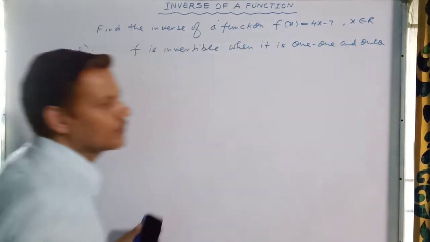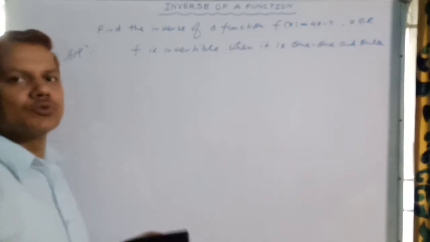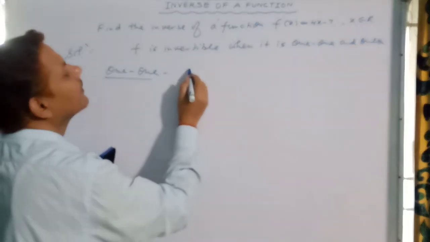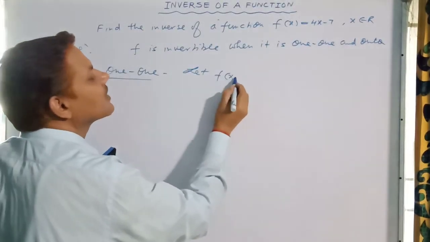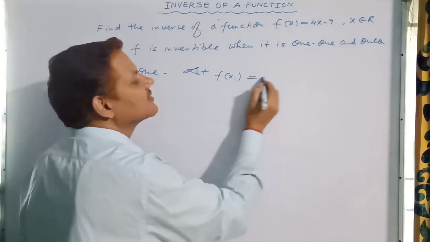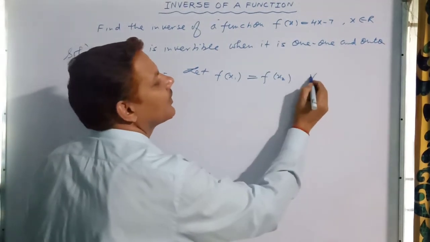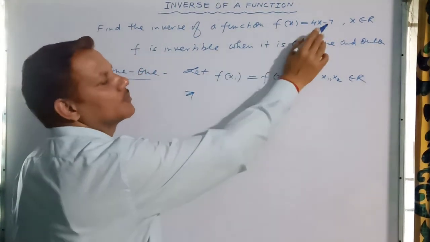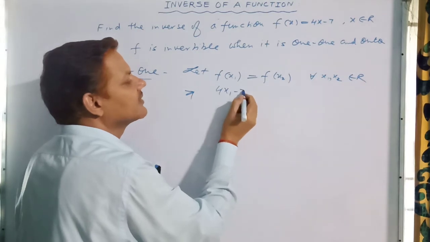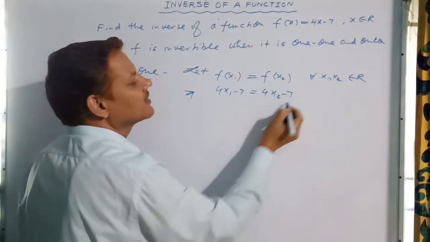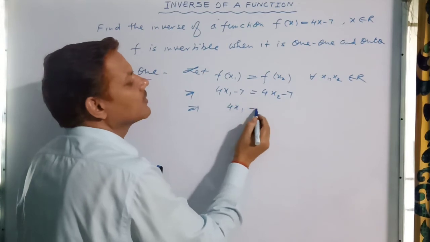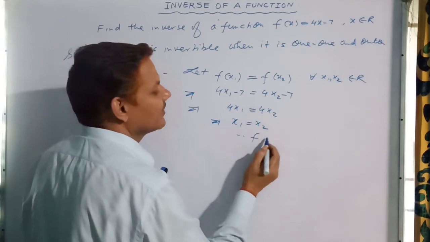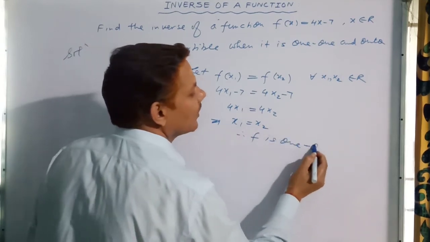Therefore before getting the inverse we are supposed to show 1-1. For 1-1, this is the criterion. Let the image of any element x1 under f be equal to that of x2, for all x1, x2 in the real number domain. So from the definition of the function, it is 4x1 minus 7 equal to 4x2 minus 7, and it implies 4x1 equal to 4x2, it implies x1 equal to x2. Therefore f is 1-1.